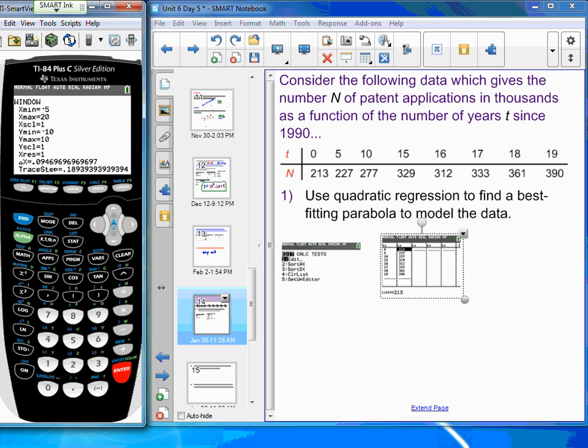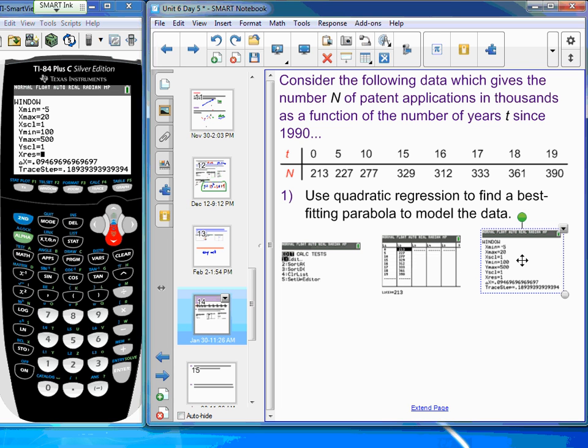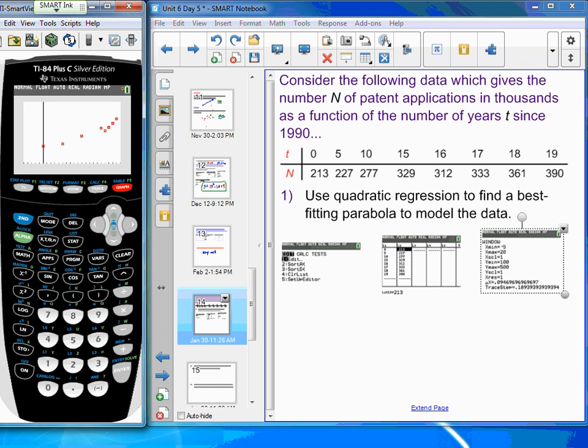So I'm going to try 100 as my Y min, and I'm going to try 500 as my Y max. Let's go ahead and see what that looks like. This may or may not be good. Hey, not too shabby.